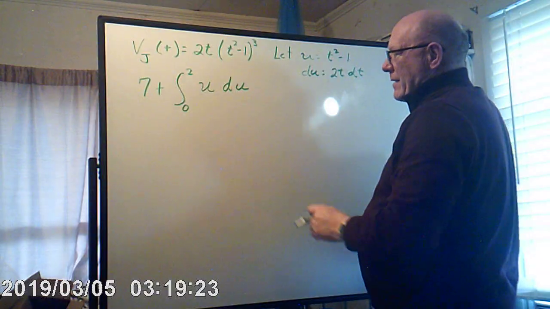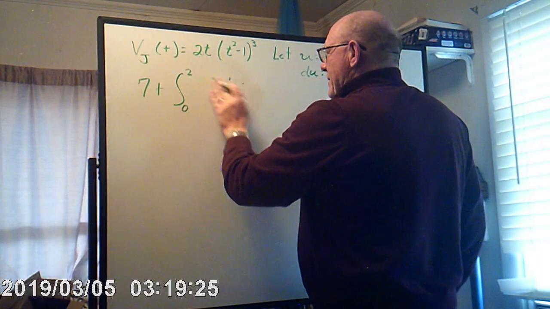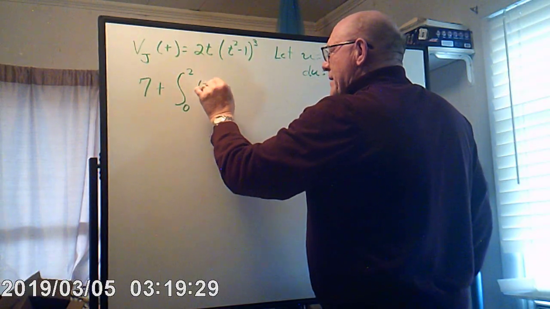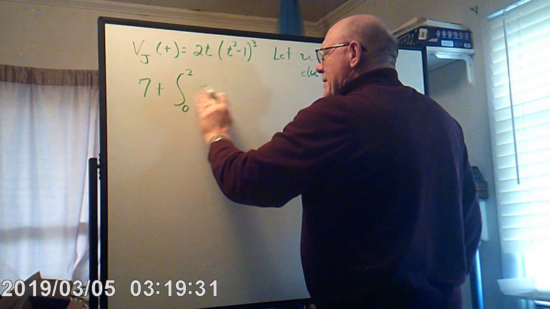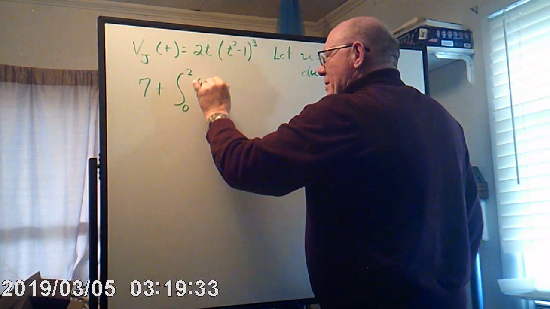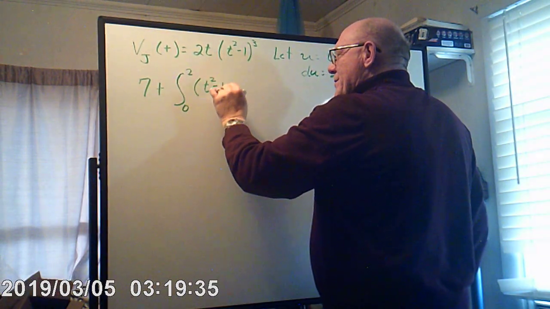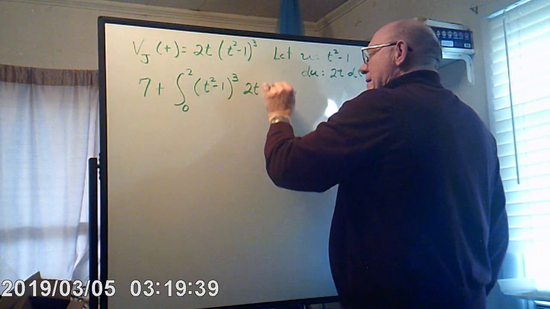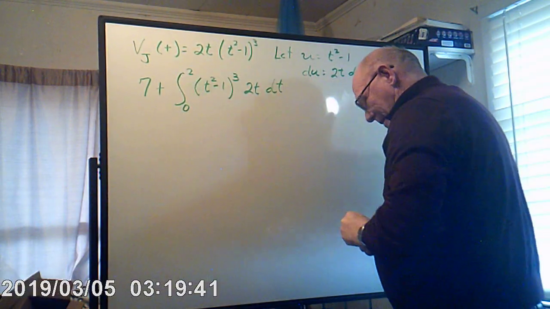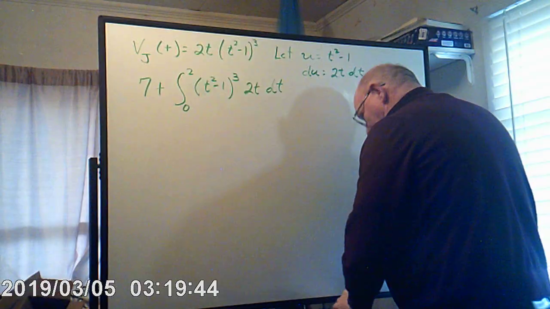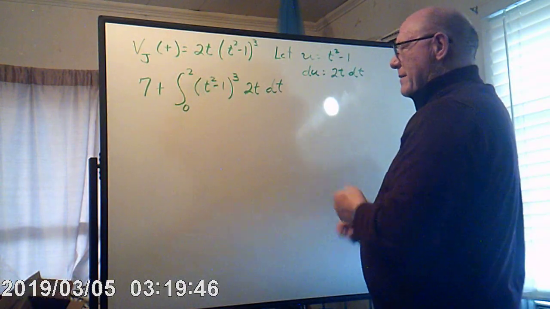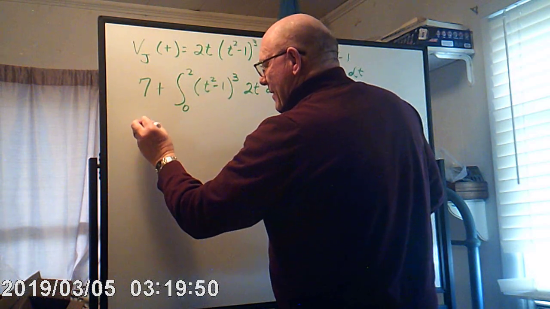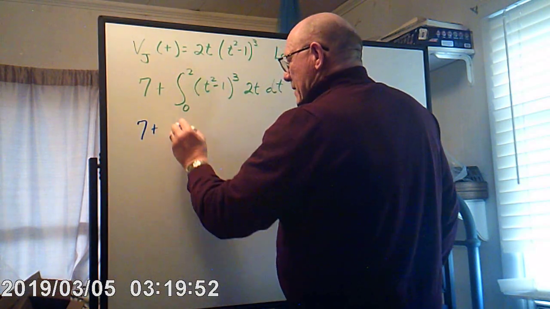Actually, before that we had t squared minus 1 cubed, 2t dt. I think blue shows up a little better than green does, so let's go with that. 7 plus.